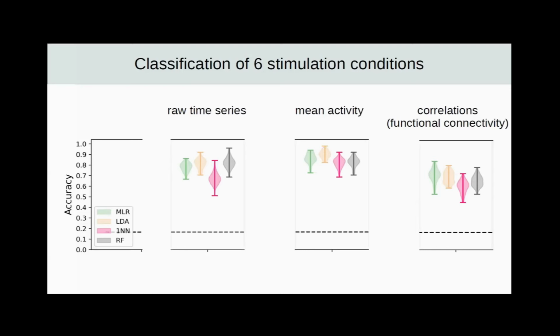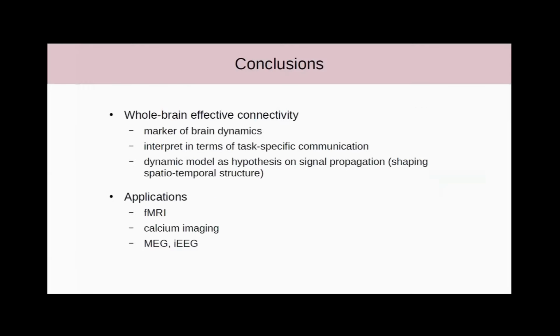That means that when you tune the model at the single trial level using these functional connectivity matrices, the estimated effective connectivity is going to capture this difference. That's really the point of this step.